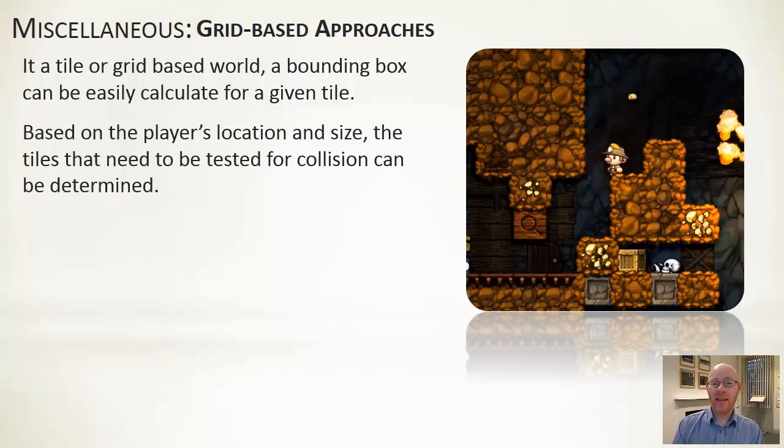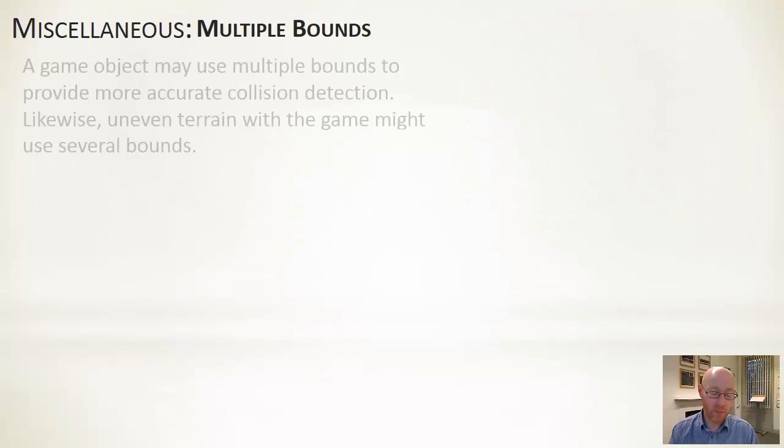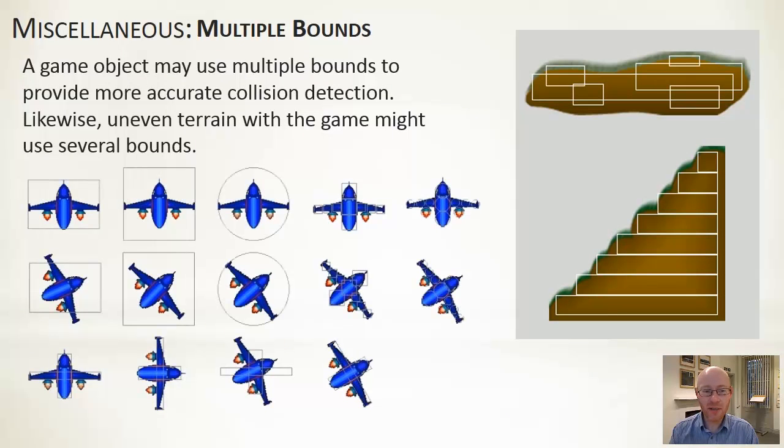Another nice thing about using simple geometric bounds is you can have multiple bounds for an object. Over on the right hand side you can see that we have a couple of objects that don't lend themselves to being bound particularly easily within AABBs. But if we wanted to, we could simply break this down into more than one. So we do our collision detection not against one overall bound, but against a list of bounds.